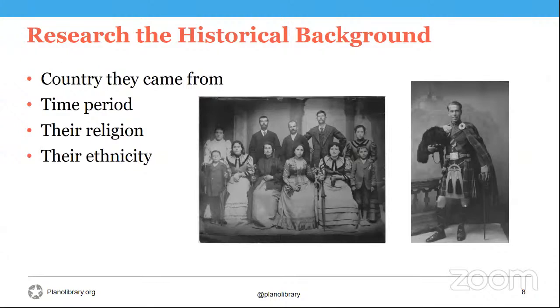It also helps you to know why they came, maybe even to know the ship or who paid for their ticket, because sometimes it's a group of people that come over, a religious group, and what you're going to end up doing is searching for that religious group first, and then finding your immigrant in that religious group.